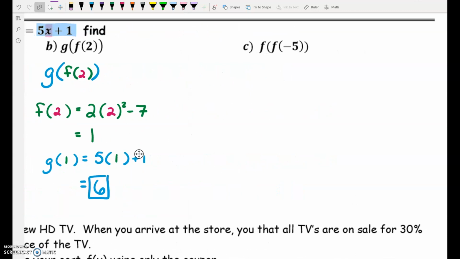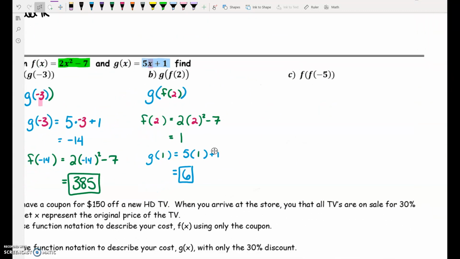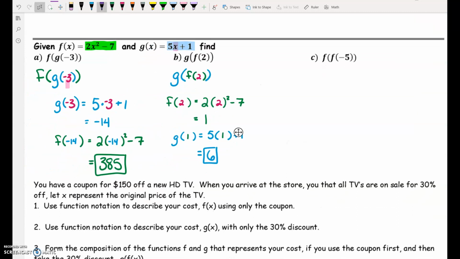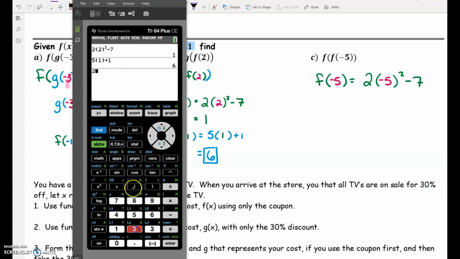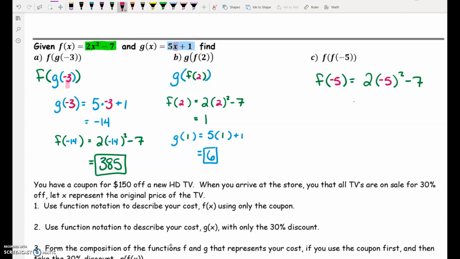Example C is doing f of f of -5. So this means we take the f function and we do f of -5. Our f function is 2 times something squared minus 7. We're plugging that -5 in. So that's not what I wanted. 2 times -5, the parentheses are important, squared, minus 7 is 43.